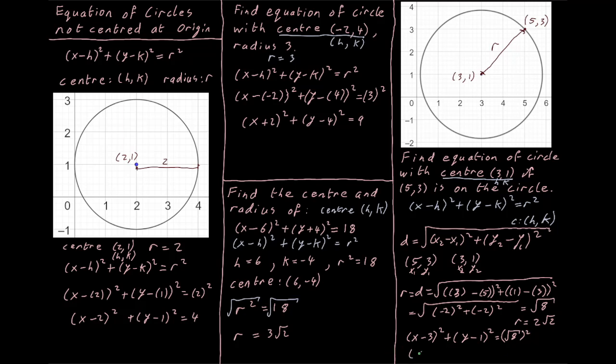So my final answer is x minus 3, all squared, plus y minus 1, all squared, is equal to 8. And that is how we get the equation of a circle when it is not centered at the origin. And we get our formulas from our log tables. And that is what we need for now.